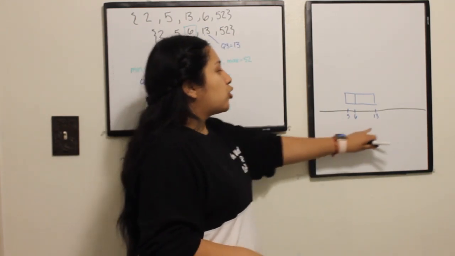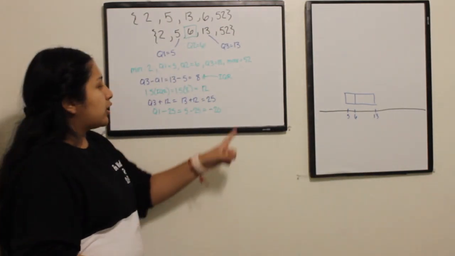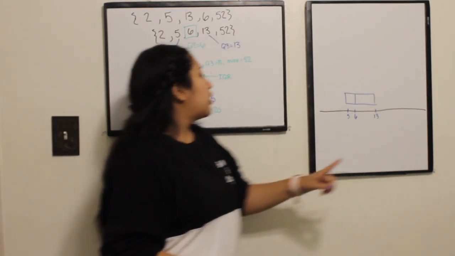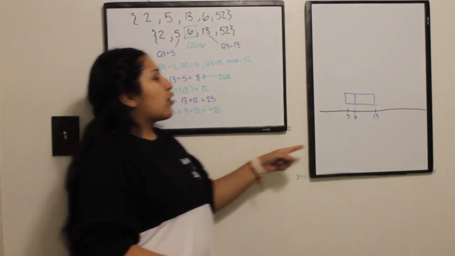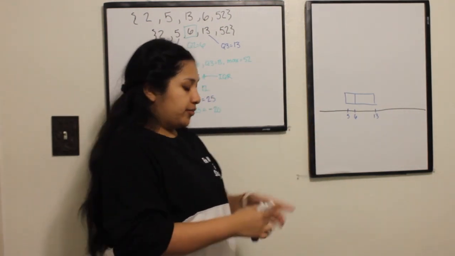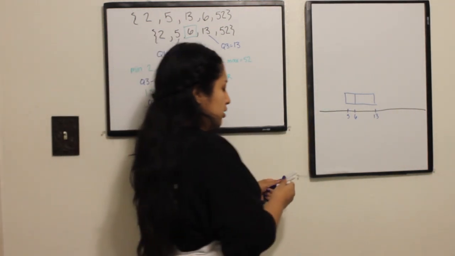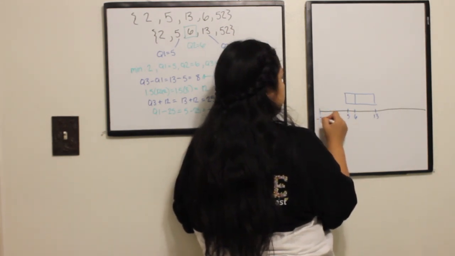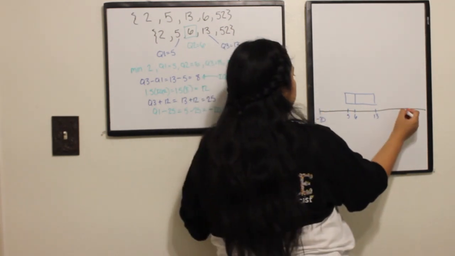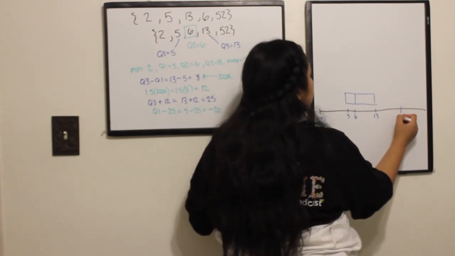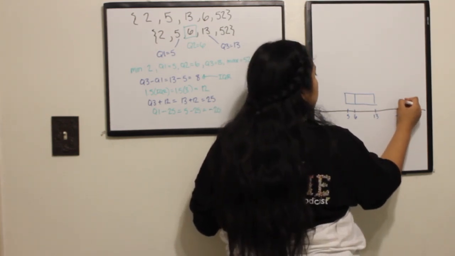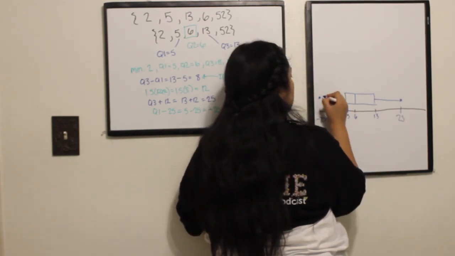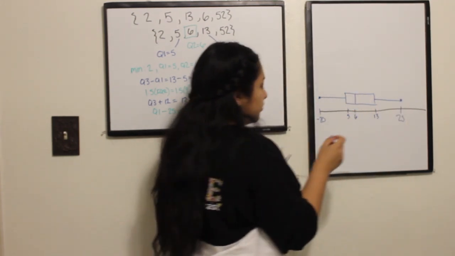So after we put in our quartiles, then we're going to put in 25 for our upper bound of our graph, and then we're going to do negative 20 for our lower bound of the graph. So we're going to put over here negative 20, and then we're going to put 25. So we're going to do our dot and connect, dot and connect.